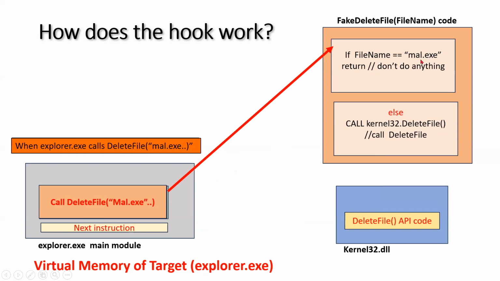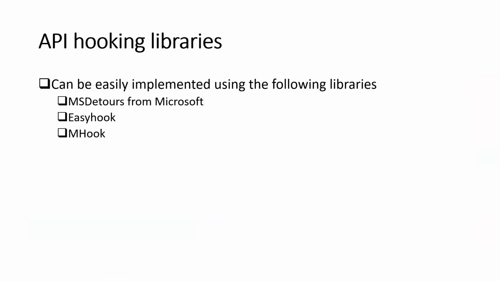Here it is mal.exe, so nothing happens and the code simply returns here. So whenever you try to delete a file whose name is mal.exe, explorer.exe is not going to delete it. But whenever you delete any other file like xyz.exe, it is going to delete the file. So this is how API hooking works.